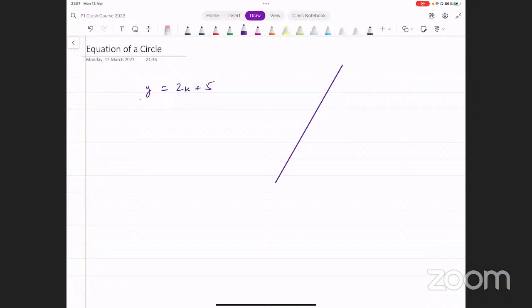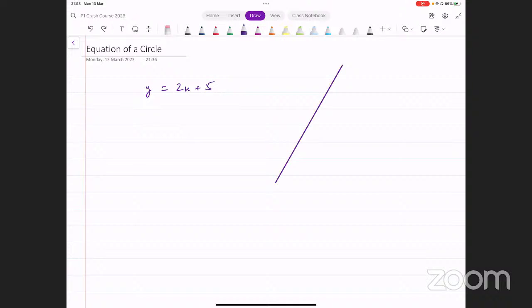What exactly does this equation mean? How is this equation connected to this line? Basically, every point on this line satisfies this particular equation, right? Every point in this line satisfies this particular equation.